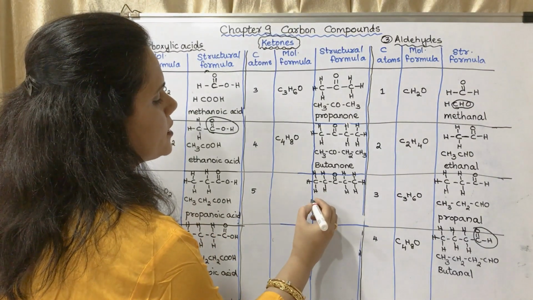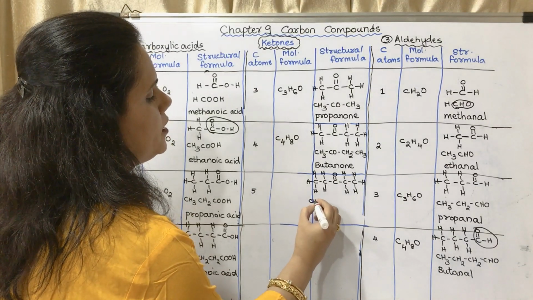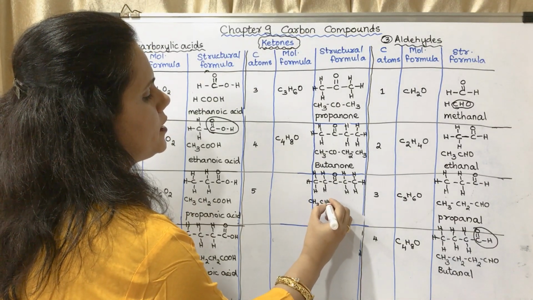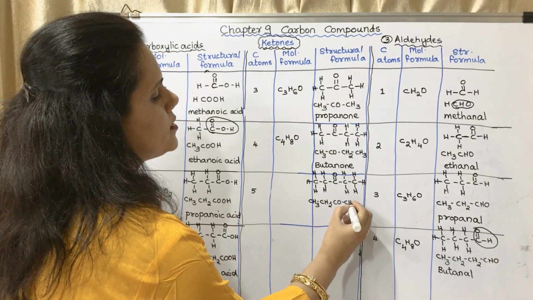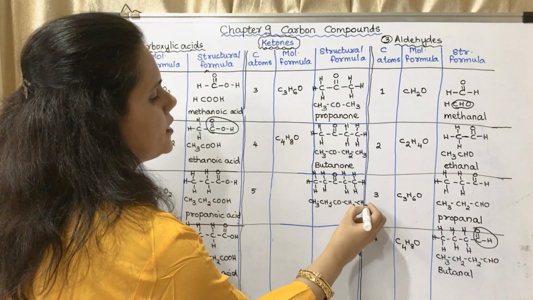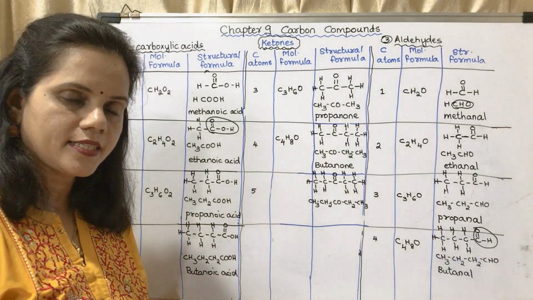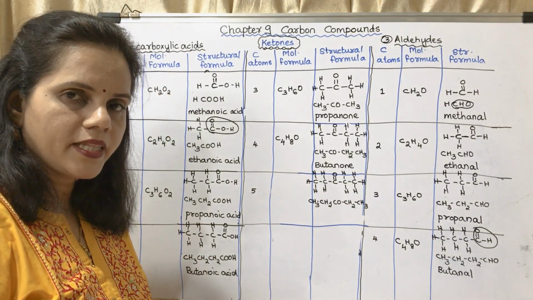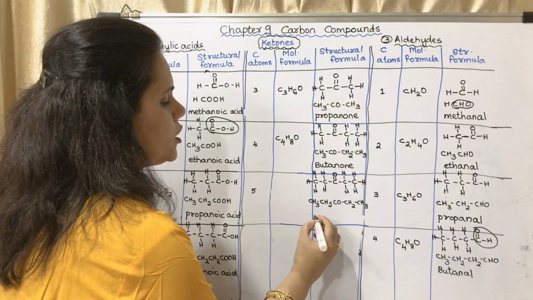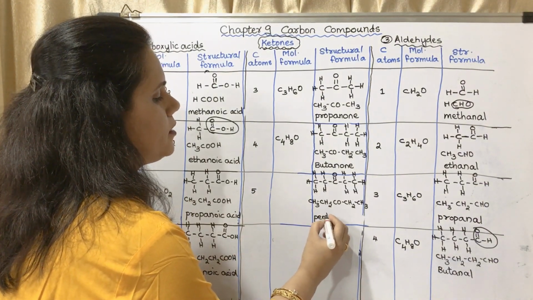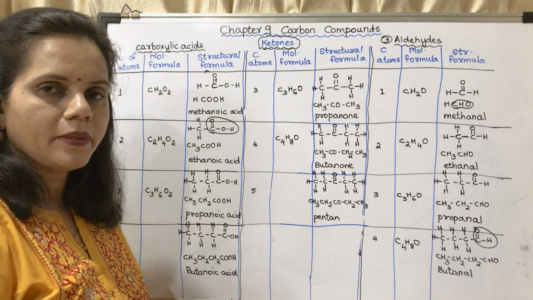Now what will be the condensed structural formula? It will be CH3, CH2, CO, CH2, CH3. This will be the condensed structural formula. What will be the name? How many carbon atoms? 5. So it will be pentan.